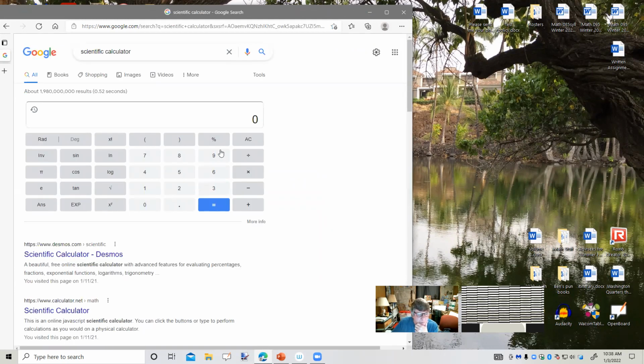And one will appear that you can use here. So like 8 divided by 2 equals 4. Anyway, we'll talk more about that as people ask questions, but I just wanted to point out that there is a calculator available online if you don't want to use one that you either own or have purchased. Okay.